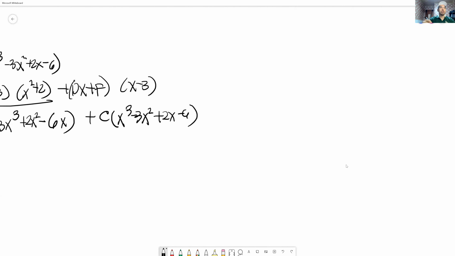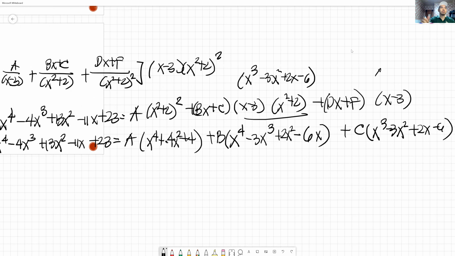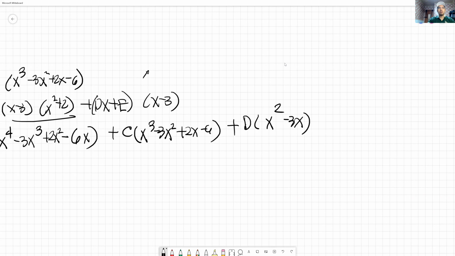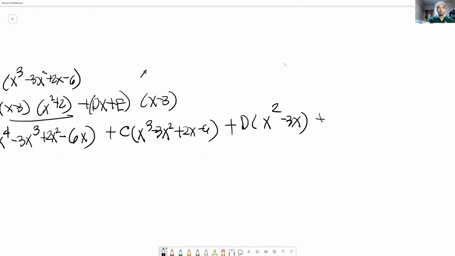So for the coefficient of d, let's isolate x and then multiply it here. So that would be x squared minus 3x. And then for the coefficient of, okay, what did I use, f here? I should be using e first. So let's use e first here. And then for e, we have x minus 3.